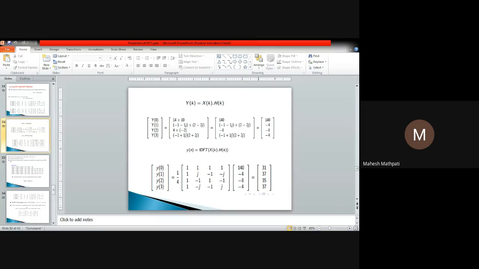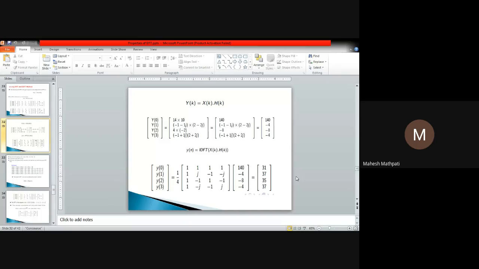I got the answer. So any difficulty, any confusion here? Okay, this is how we can calculate the circular convolution of two sequences using the DFT-IDFT method.